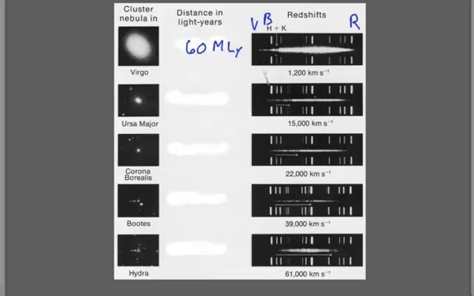And what we're seeing is that they've been redshifted by a small amount, almost too small to even be seen here. But the extent of their redshift tells us the velocity of recession for this galaxy. And we can see that it's been measured by astronomers to be about 1,200 kilometers per second. And that leads us to understand that it's 60 million light years away from us.